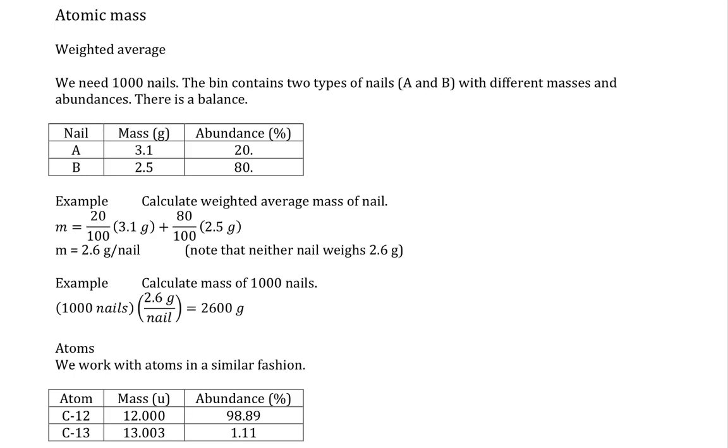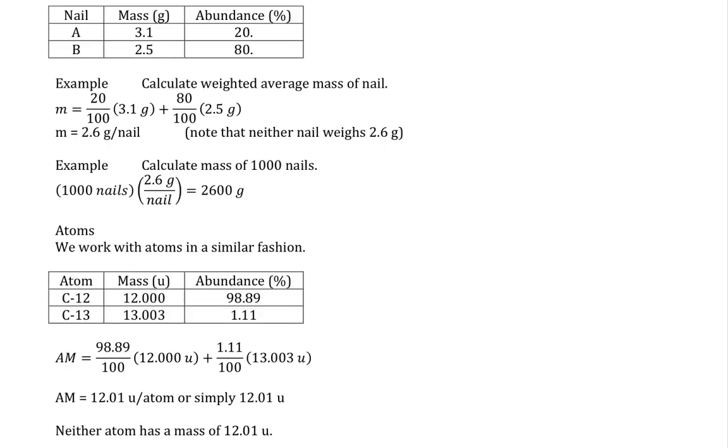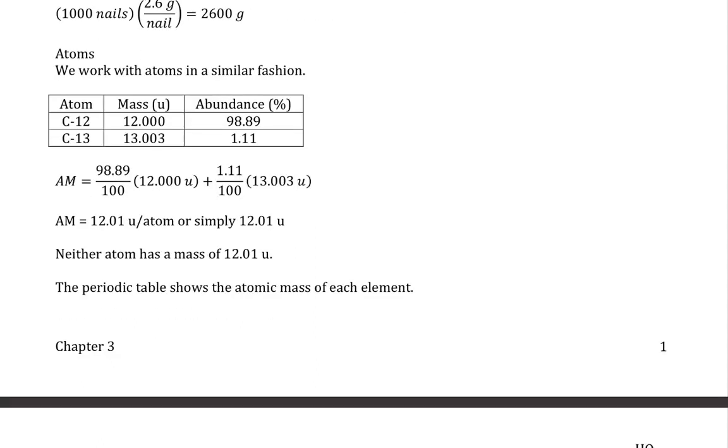Okay, now how we apply that to atoms. For a particular element, oftentimes we have more than one natural isotope of that element. For example, carbon comes primarily as carbon-12 and carbon-13.